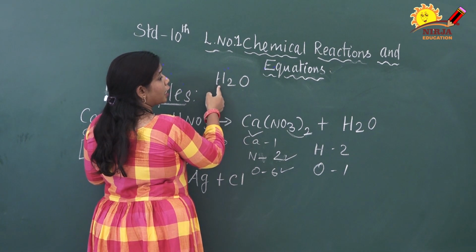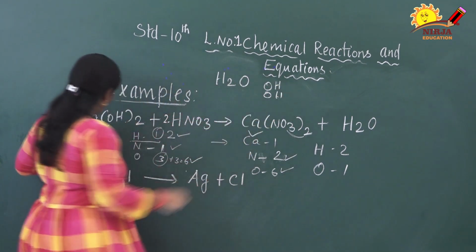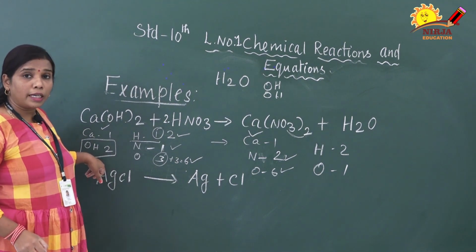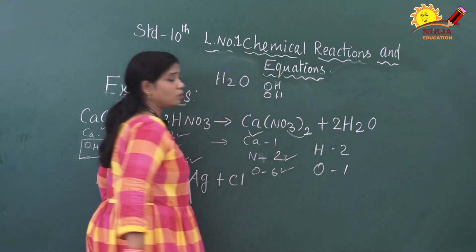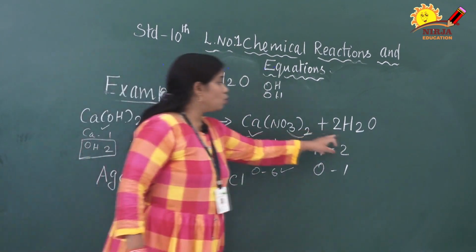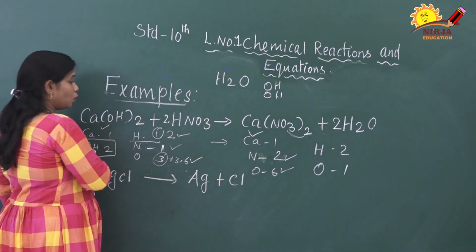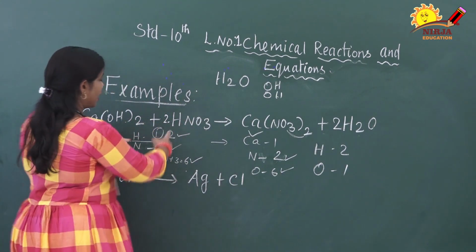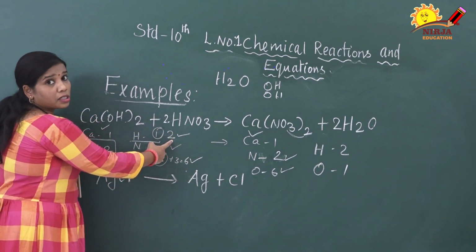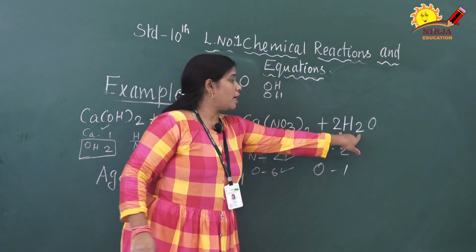Only 1 oxygen, H2O, but we have 2 OH. Here 2 OH we have. Clear? So if you balance here 2, 2s are 4 hydrogen plus this oxygen. If you see here 2, here already 2s are 4. Here you see already 2 hydrogen is here. So total reactant side 4 hydrogens are there. So this side also 4.